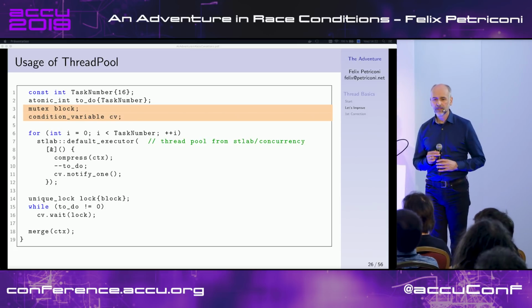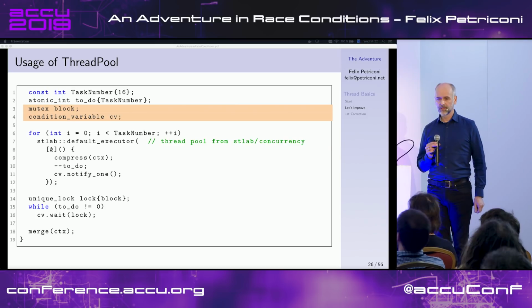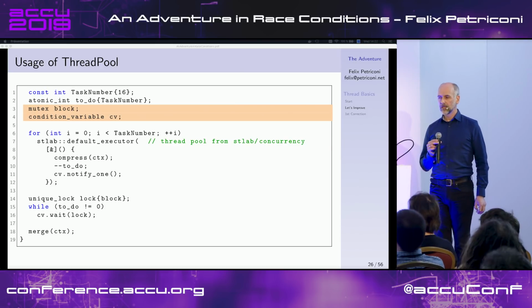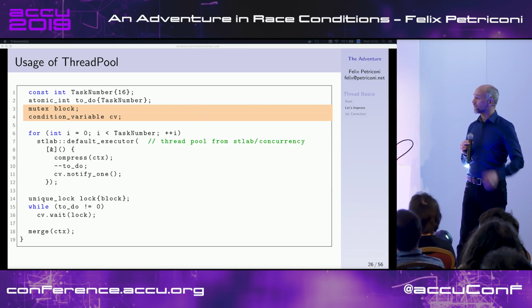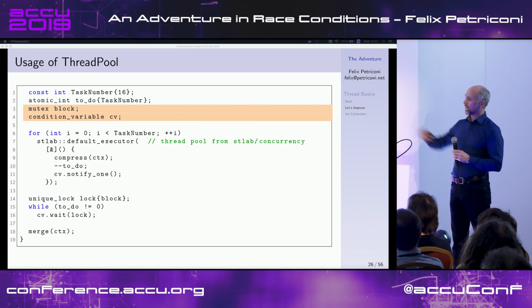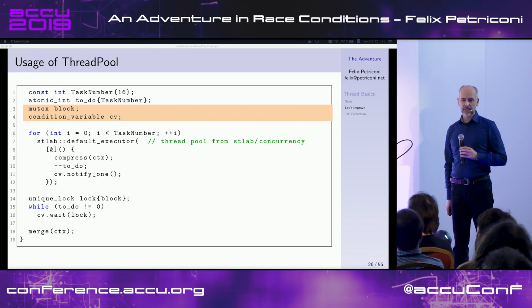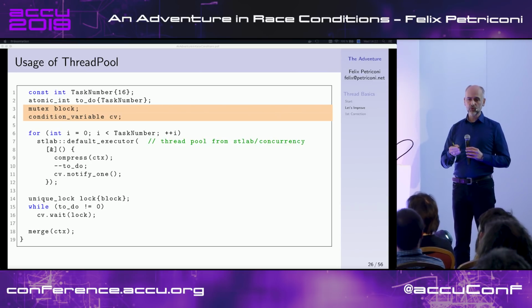I have a question regarding the default executor. Is this the only way to verify that it's finished? The question was, is there a way to know that the task is finished? No. You have to do this by yourself. That's the way I do it with this atomic counter. All thread pools work like this normally. You just pass a void function to it, it's processed, and then it's done, and the task is removed from the pool.